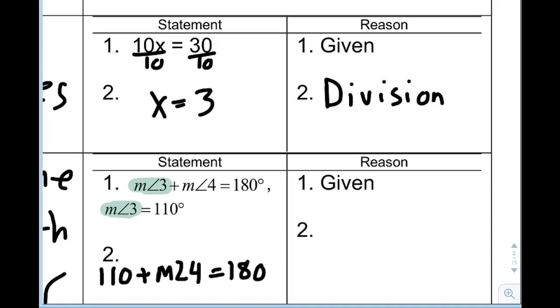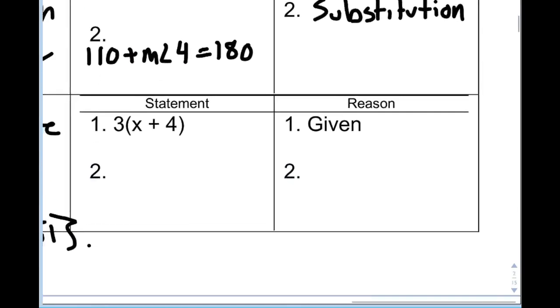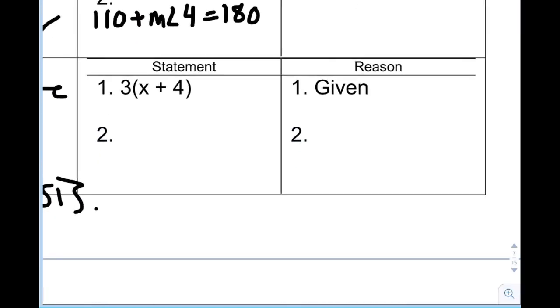And from here, you can kind of start to see how we might use this to figure out or to prove the measure of an angle. Because now we could combine this with subtraction, subtracting 110, and we would have the measure of angle 4. This is substitution. And the last one, distributive.